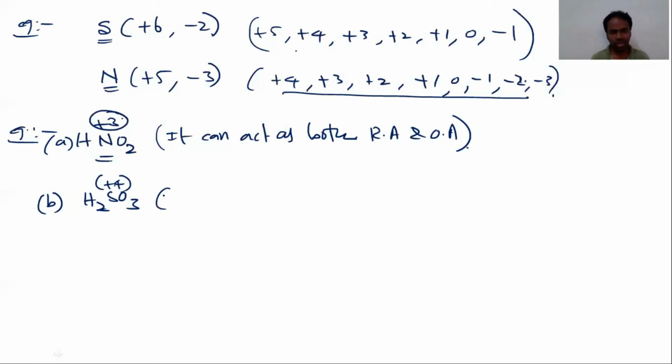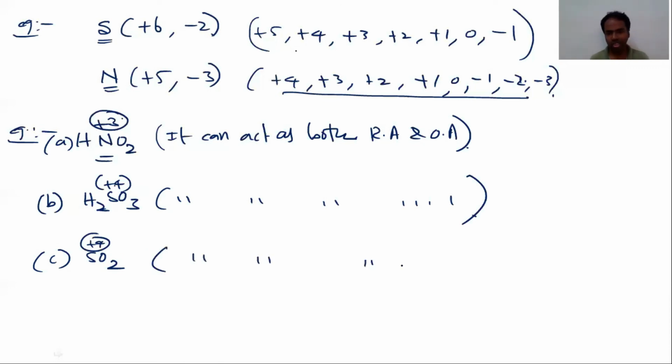It may gain electrons and it may lose electrons. So it can act as both an oxidizing agent as well as a reducing agent. Take SO2, sulfur. What is the sulfur oxidation state here? +4. So this compound also acts as both an oxidizing agent as well as a reducing agent. Like this you can predict.